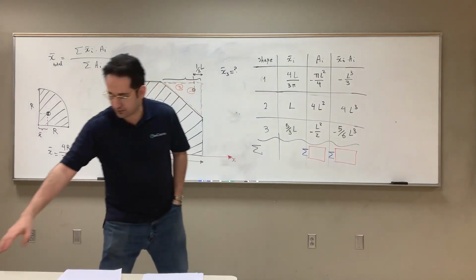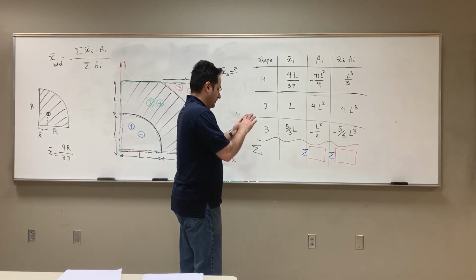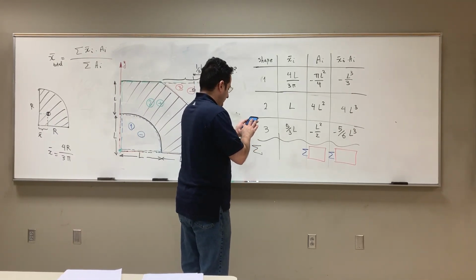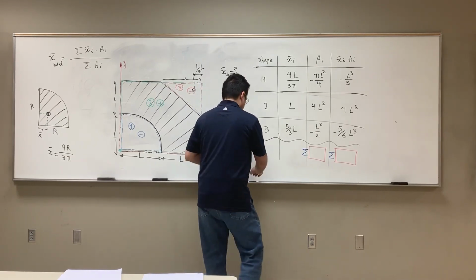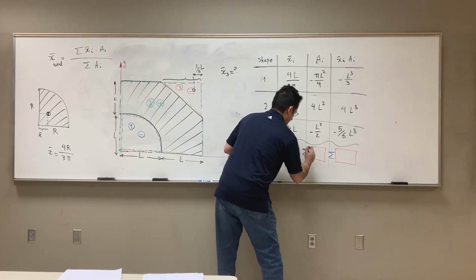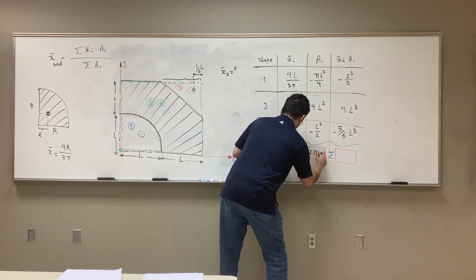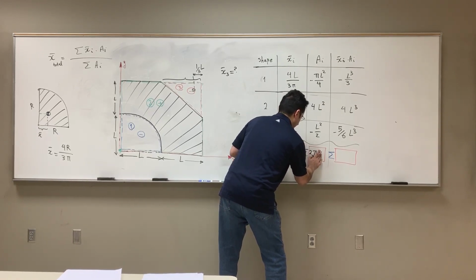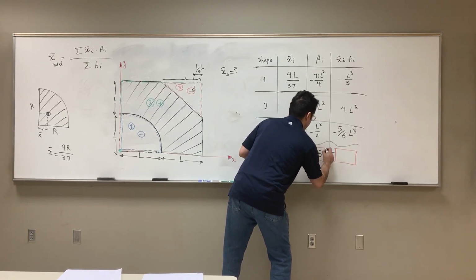Well, put it in the calculator. 4 minus 5 divided by 4 minus 1 divided by 2 is going to be 2.714, round it up to 2.715 L squared.